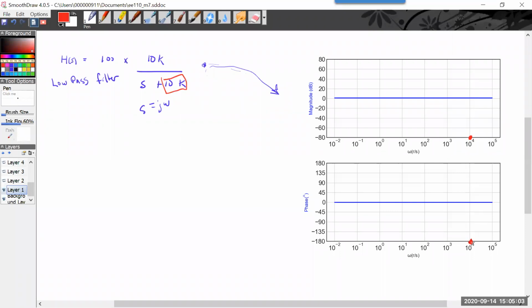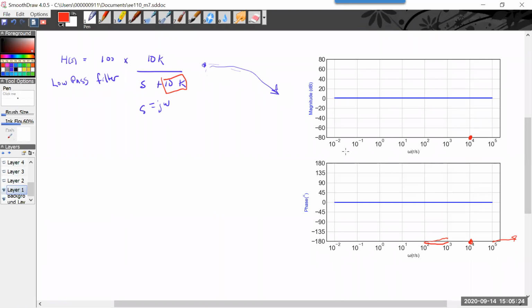And for the phase, we have to go 1/10, and then to set up the plot, it's better to go 100th, and here you have to go 100 times that way.